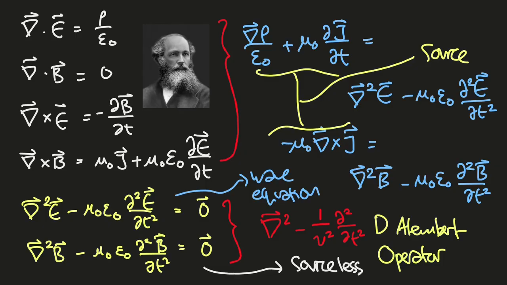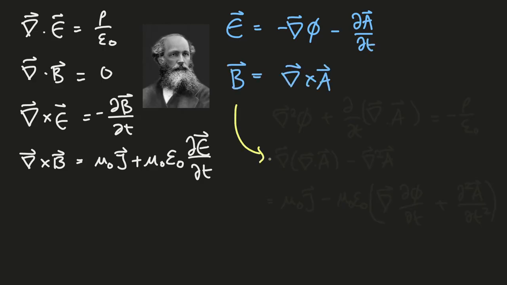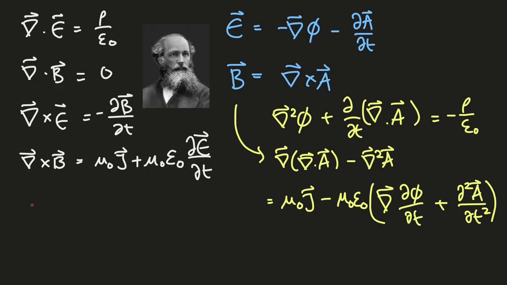And another footnote: if we define both the electric and magnetic fields through potentials, then we get Maxwell's equations like this. If we take the divergence of A equal to 0, then this is 0 and this is 0, but this is non-zero, so our potential equations become complicated. So how do we fix it?